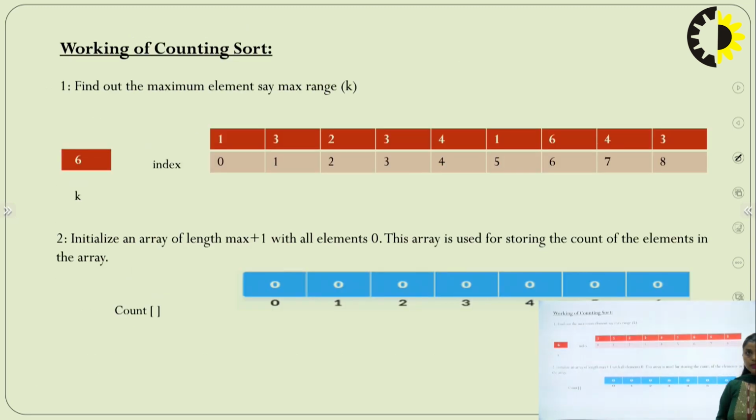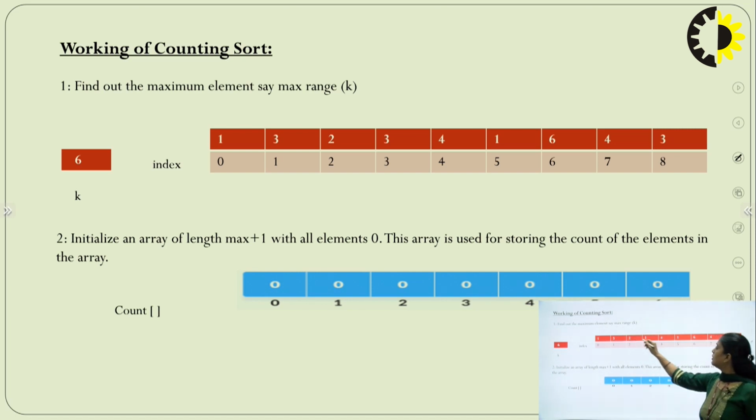To understand this algorithm, I am now taking an example. Suppose this is the random data. Here, this is the index and this is the data. The first step of the algorithm is to find the maximum range.